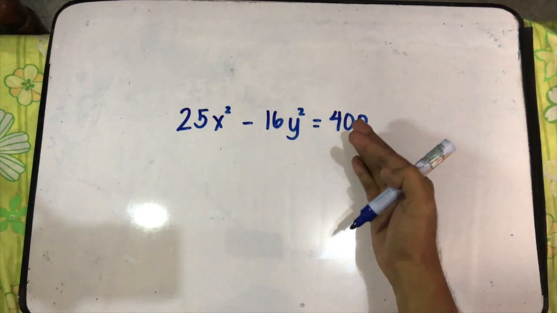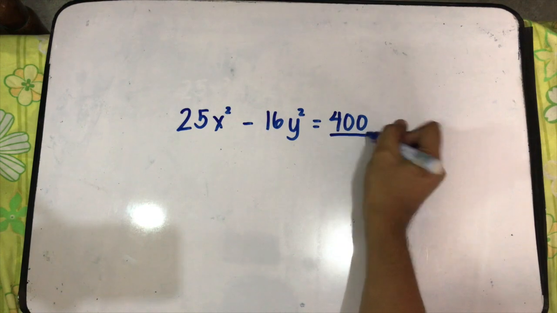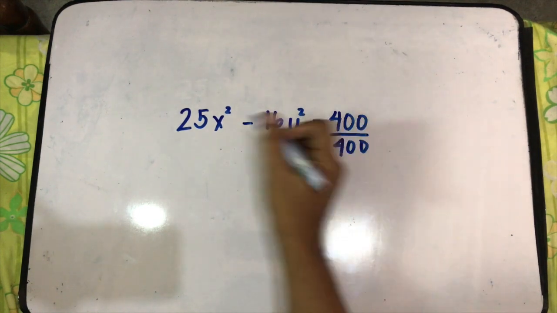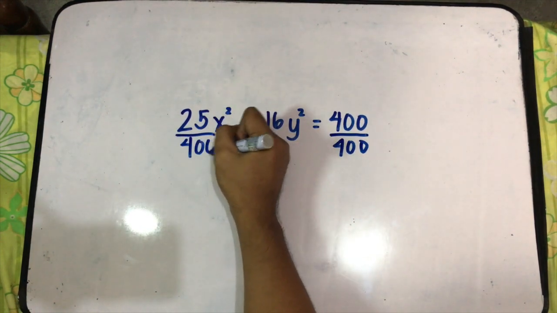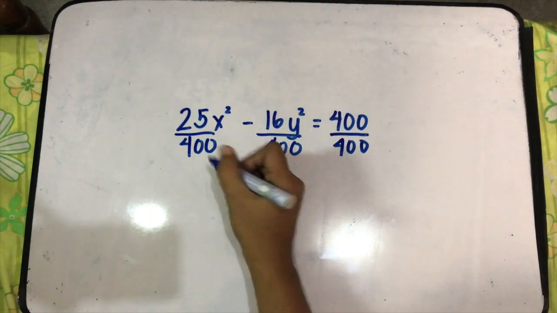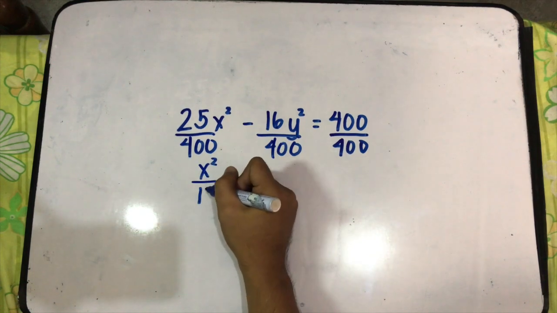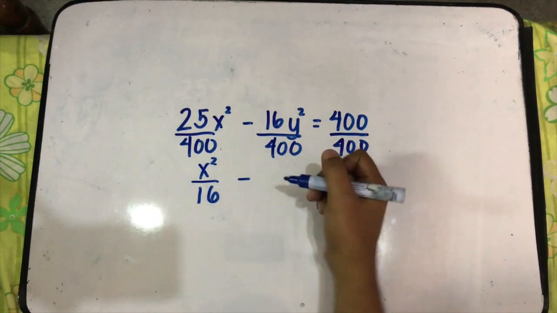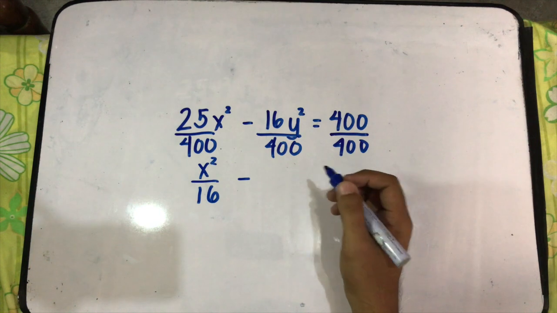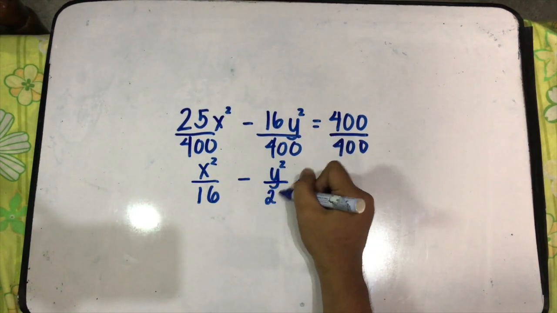So in order for the right side of our equation to be equal to 1, we need to divide both sides by 400. So 25x squared over 400 will give us x squared over 16, minus 16y squared over 400 will give us y squared over 25.